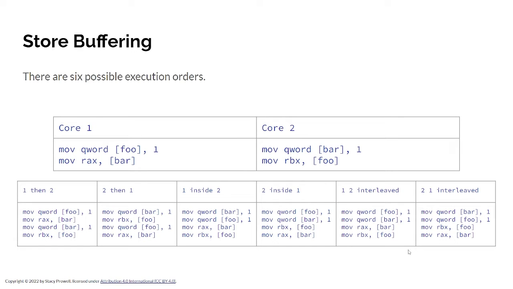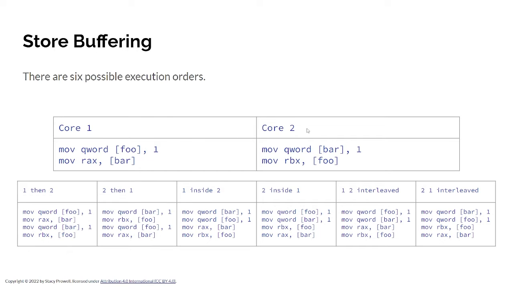Now, I realize these things can happen simultaneously, at the same time. But what we're looking at is the effect. And since these are affecting the contents of memory, it makes sense to think about which one gets done first. So these schedules do make sense.